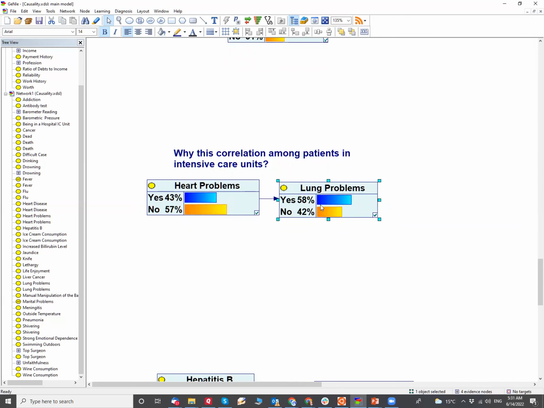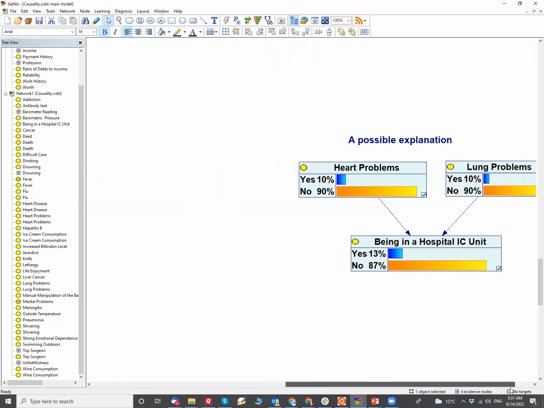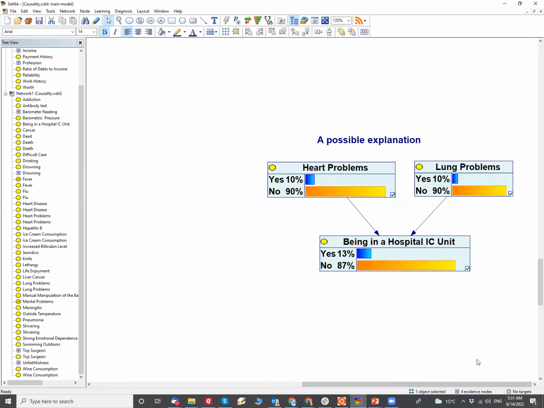They are high a priori because people are in the intensive care units. The explanation of this is the following. These two are very important causes of landing in an intensive care unit. If you have heart problems, they immediately put you there because if your heart stops, you die. The same with lung problems. If you stop breathing, you die. So if you have difficulties with breathing, you get to an intensive care unit.